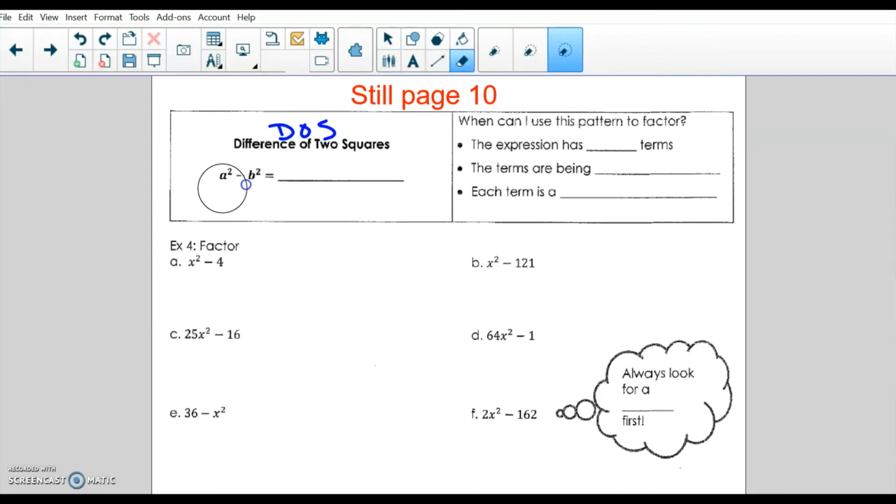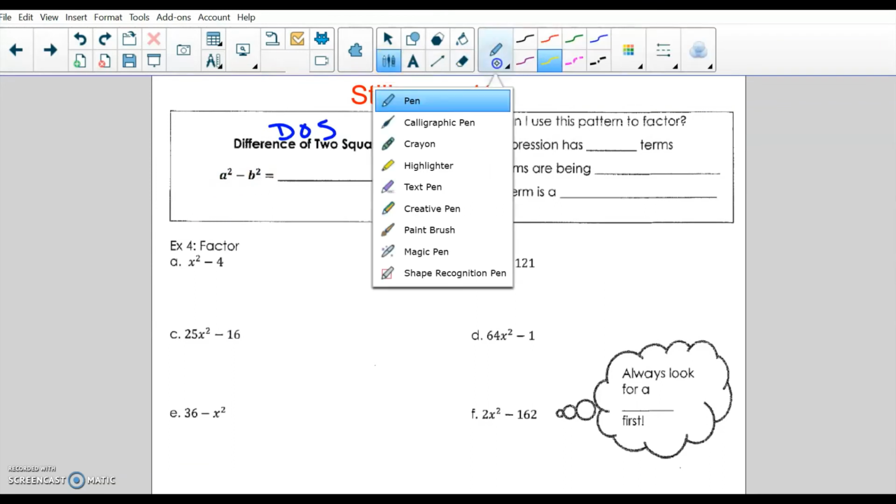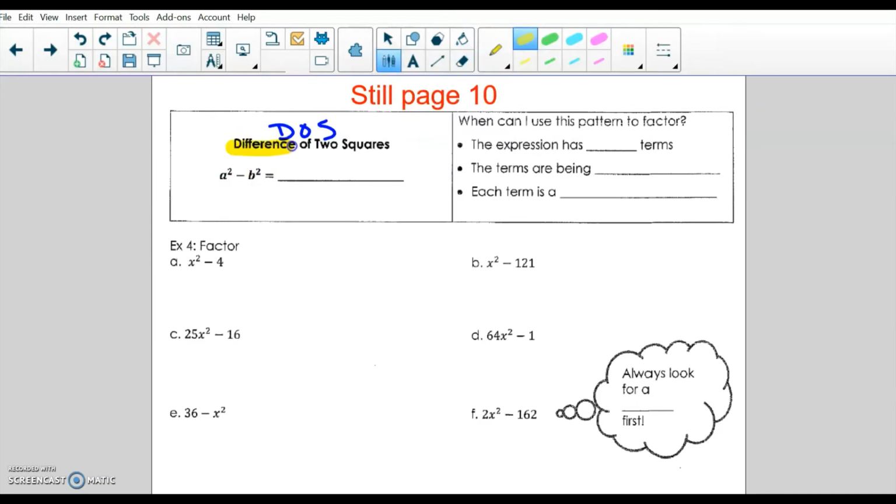The difference word is your subtraction. So without subtraction in this problem, you can't do this method. And then the problem tells you there are two squares. So the a squared and the b squared are both perfect squares.